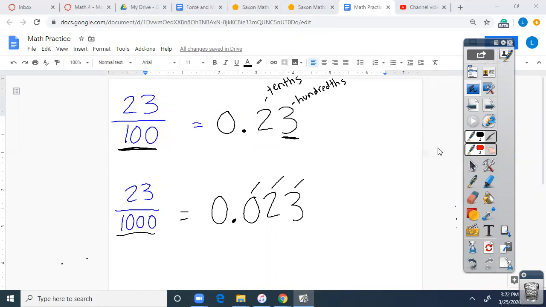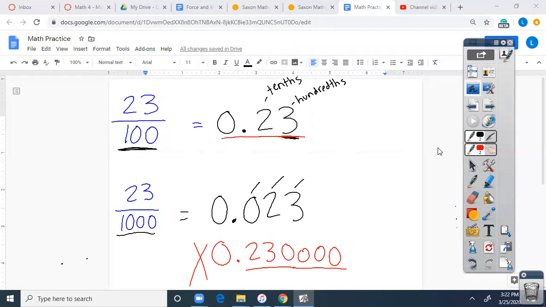Okay, I'm going to show you something. I'm going to put it in red because it's not correct. This is something that I see all the time. This is not right. Okay, this number right here is the same as this number over here. If you add a 0 to the end of it, you can add a million zeros to the end. Okay, that number is still the same as this number right here.